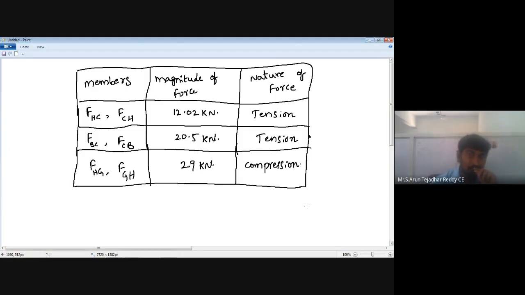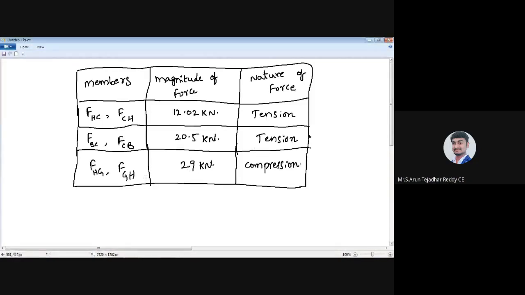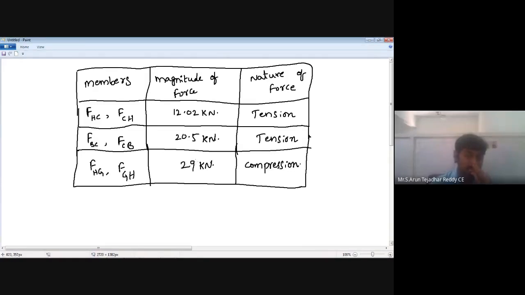Whatever values we got, in the magnitude don't mention plus or minus, just the values. But in the nature column you can write tension or compression. Here we got FGH as minus 29 kilonewton, but in the magnitude just write 29. Minus means you can write compression in the nature column.